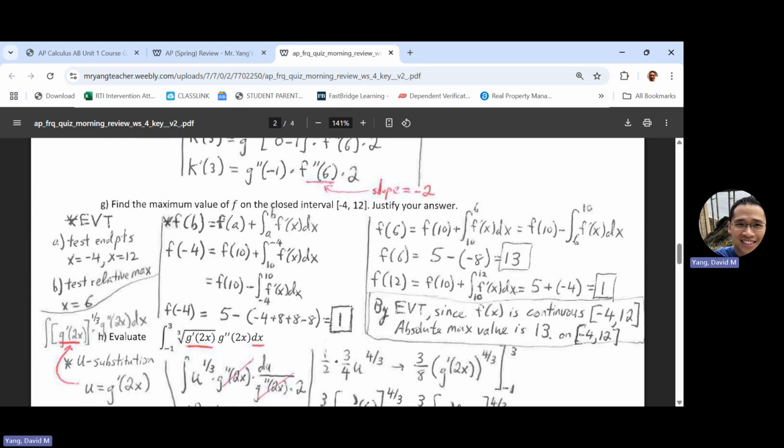If we can rewrite the radical using a set of parentheses or brackets, then inside that portion, it's going to be a good candidate for our U value, because we need something large enough for G double prime of 2x to go away. So we do need our U value to be G prime of 2x so that the derivative will eventually make its way to cleaning up and getting rid of that G double prime.